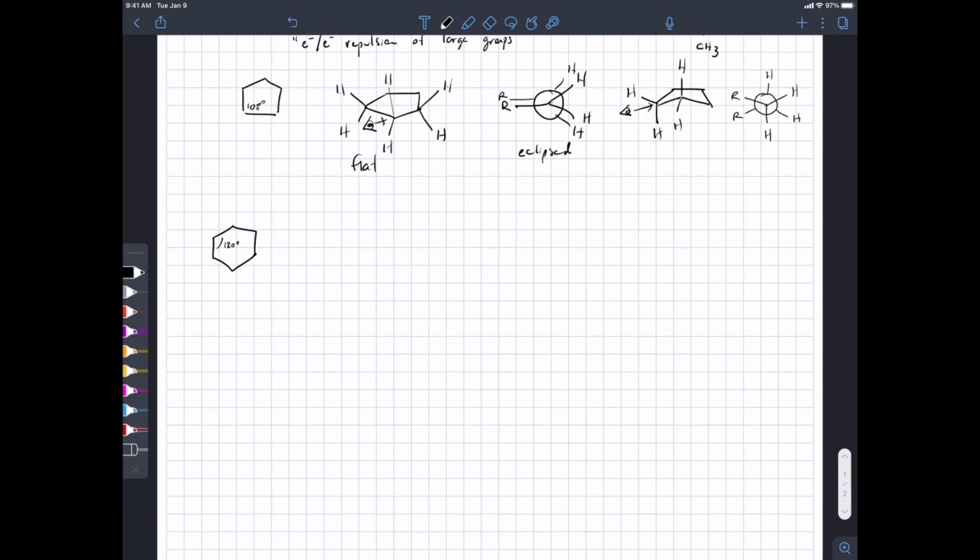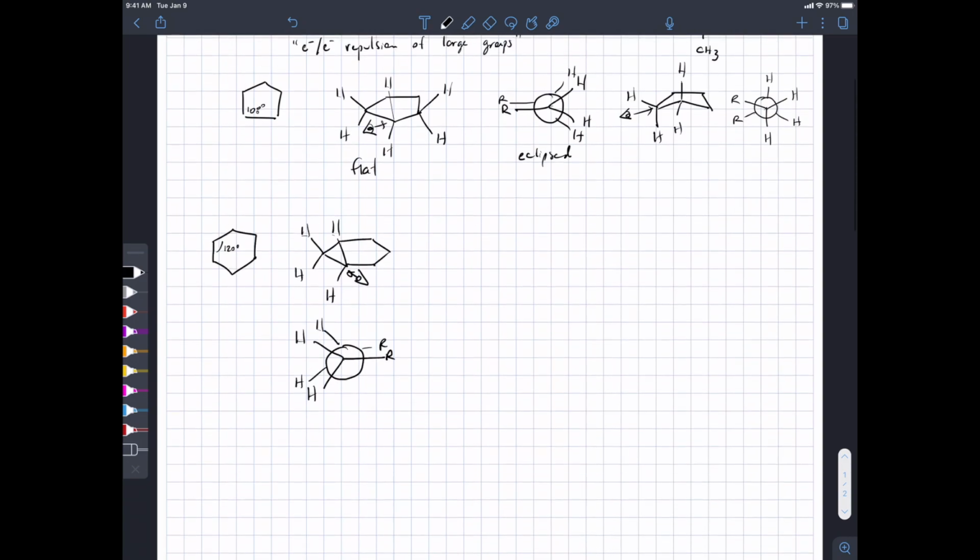Again, if we drew the ring flat and looked down a carbon-carbon bond, we would have the same problem that we listed above for the 5-membered ring if it were flat. We would have CH bonds on a carbon in the front eclipsed with CH bonds on a carbon in the back.